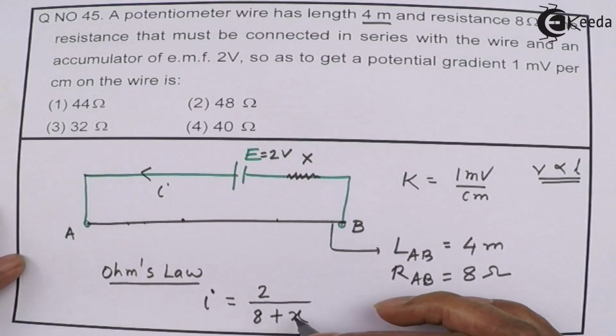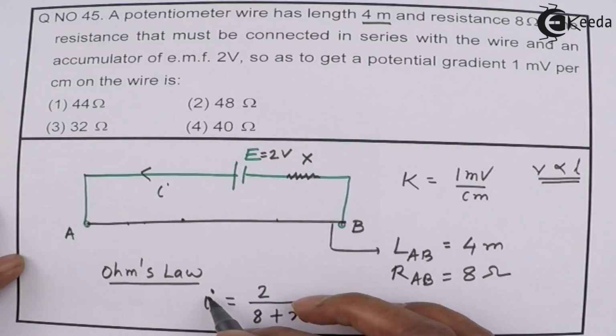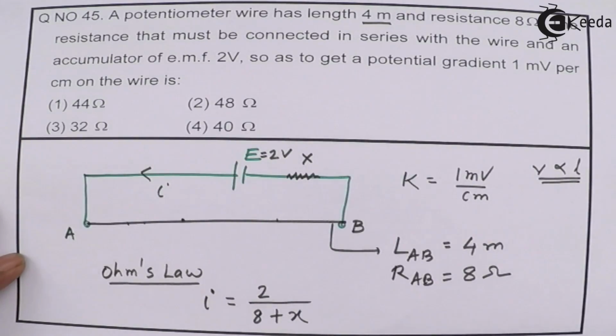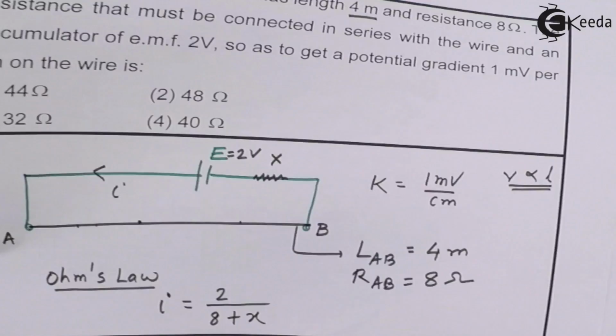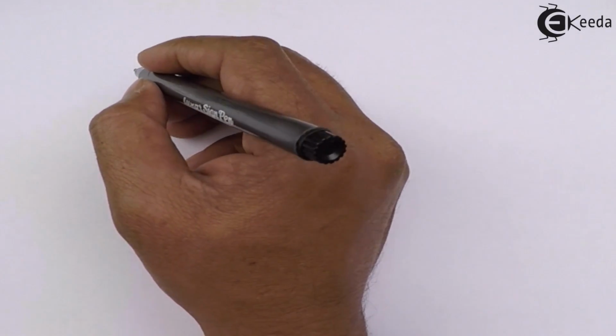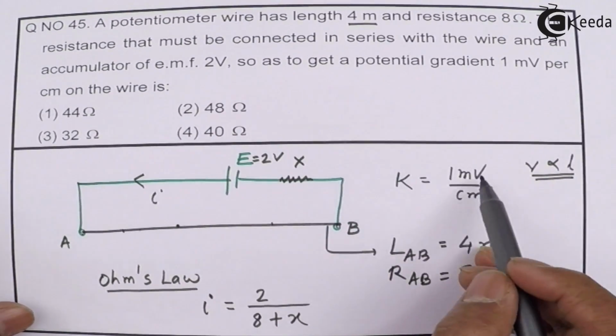Because X is also unknown and I is also unknown, therefore I have to look for another equation. Okay, what is that equation? What is given is the potential gradient.